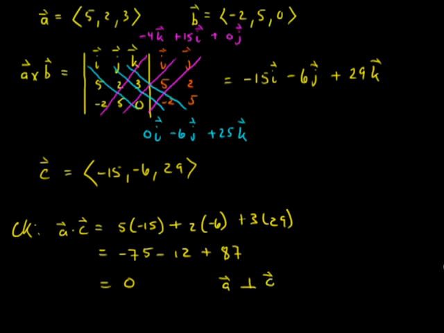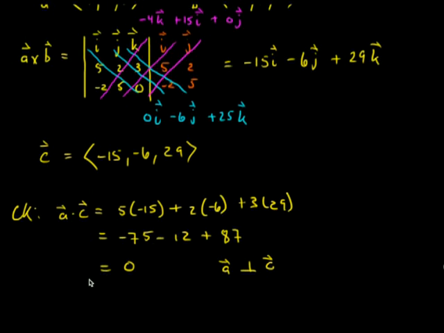All right, and then we'll do the same check with B and C. And let's see, so vector B, negative 2 times negative 15, plus 5, sorry, mixing it up with the other one, times negative 6, plus 0, always gotta love 0, times 29.